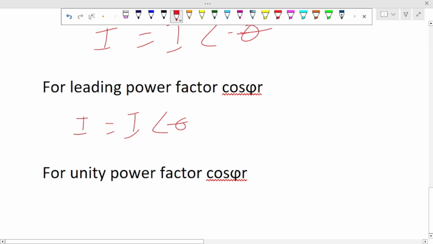Then for unity, guess what? Think of it: lagging is negative, leading is positive. Unity, what's going to happen? Zero. That's it, it's going to be 0.